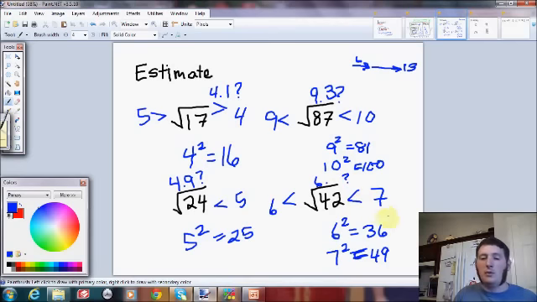If we had to come up with a one-decimal-digit guess, to the tenths place. Well, it's 6 away from 36, and it's 7 away from 49, which I find an interesting coincidence, that it's 6 away from 6 and 7 away from 7. And so I'm going to say that's about halfway. My decimal estimate on this one would be 6.5. And again, I haven't even checked any of these on a calculator, but I know that I would be fairly close. If you want to check them, go for it.